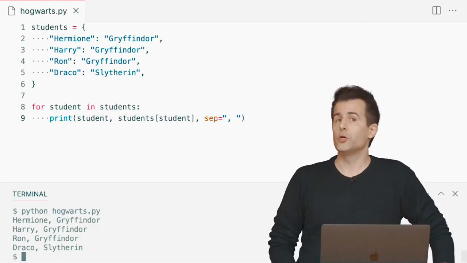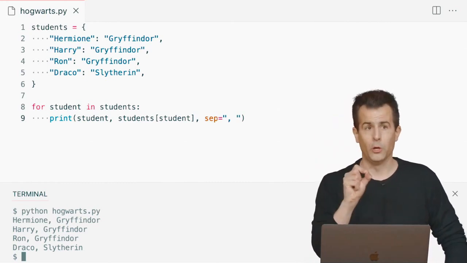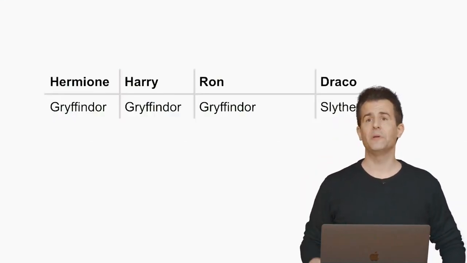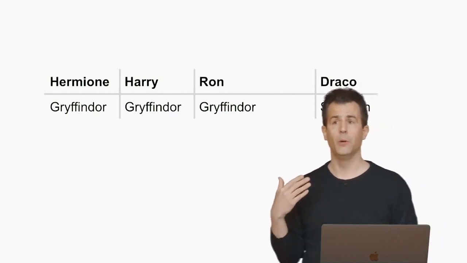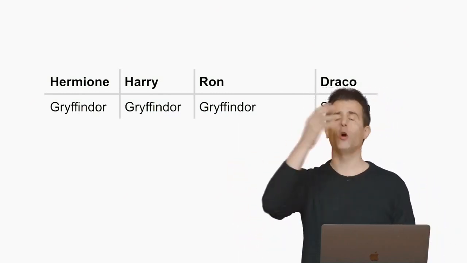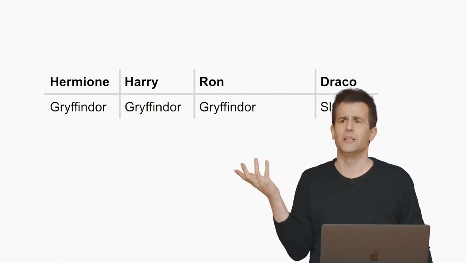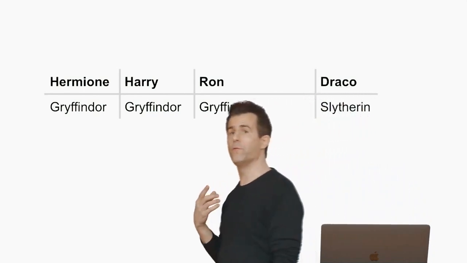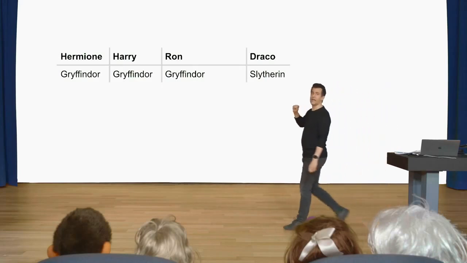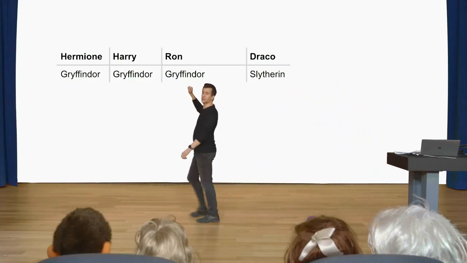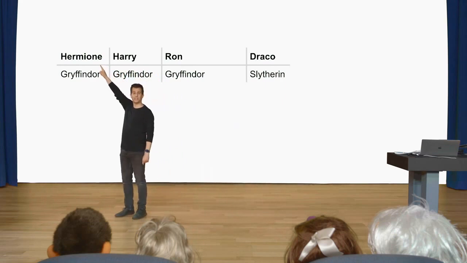Correct. So this is just a feature of Python. When you use a for loop with a dictionary, what happens is this. If this is the dictionary here with the keys on top and the values on bottom, you get to choose what the variable is called. I called my variable student just because it makes sense, because I want one student at a time. And what the for loop does, just like it did with numbers before, the 0, the 1, and the 2, it allows me to, for instance, set student equal initially to Hermione's name.